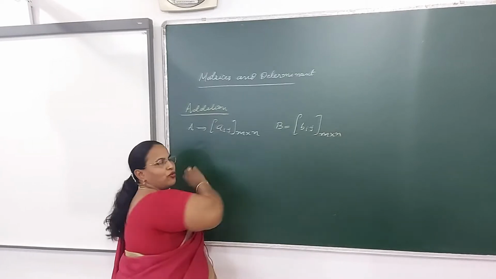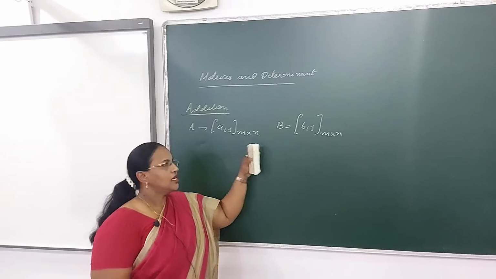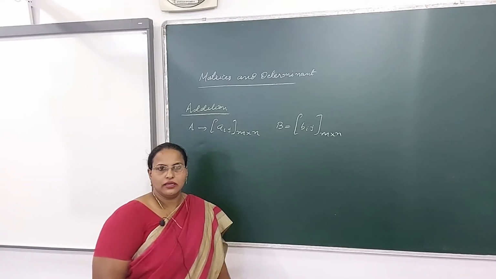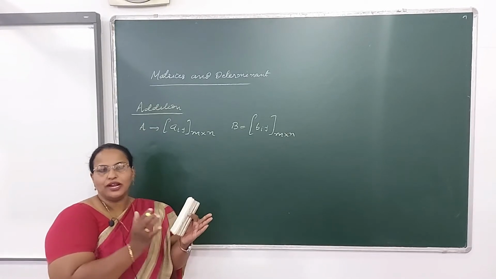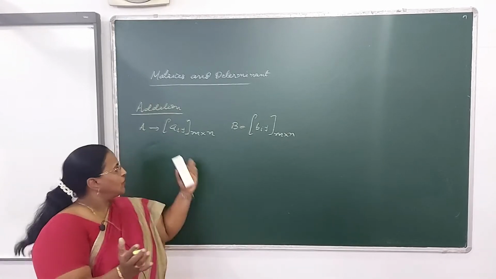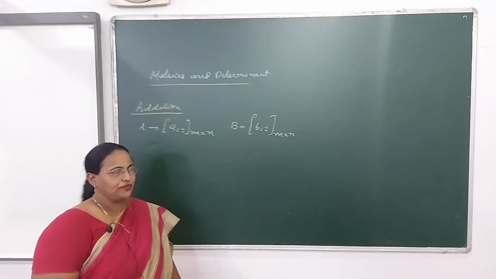Now see the order of both the matrices. It's m by n, they are also m by n. So definitely the two matrices are comparable. So for addition, the very first important thing is the two matrices should be comparable. So here we find both the matrices are comparable. So definitely we can add the two.